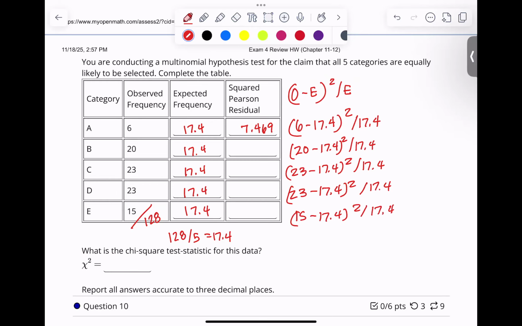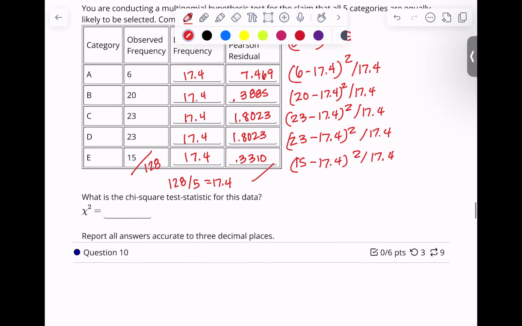So I get, for the rest of these, 0.3885, 1.8023, 1.8023, and 0.3310. Add that last column up, I get 11.793, and that is chi-squared.